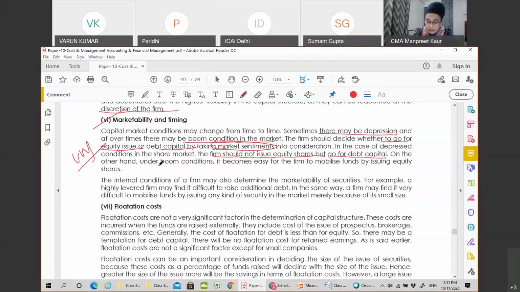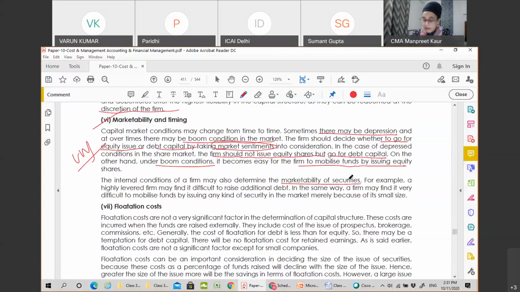On the other hand, in the boom condition, it becomes easy for the firm to mobilize funds by issuing equity share capital. Internal conditions may also determine the marketability of the security.